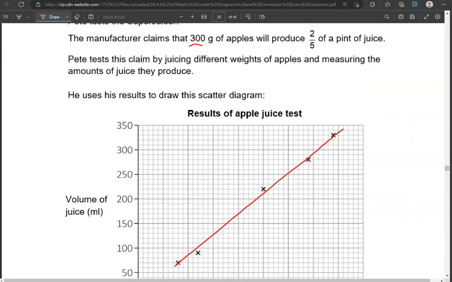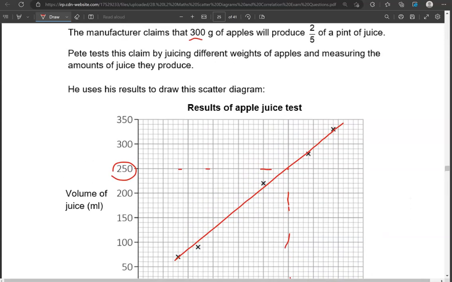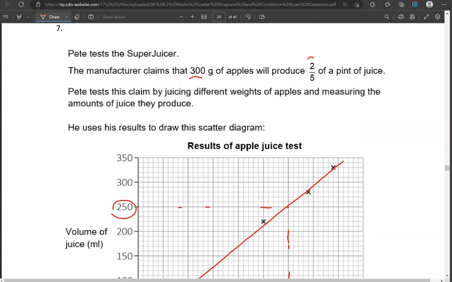So where is the 300 grams? That's here. So going up to where it meets the line, then across. So that is 250 milliliters of juice. Is that 2/5 of a pint? Let's have a look.